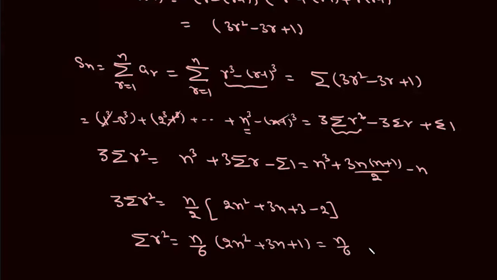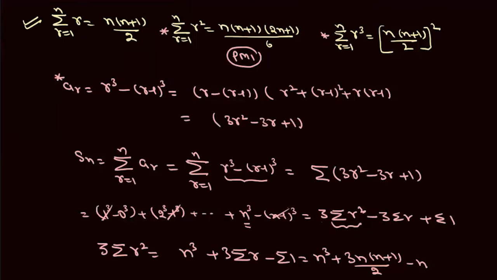Now we can factorize this as 2n square plus 2n plus n plus 1. So it'll be n plus 1, 2n plus 1 whole divided by 6. And that's the formula for summation r square. So summation r square is n into n plus 1, 2n plus 1 by 6.